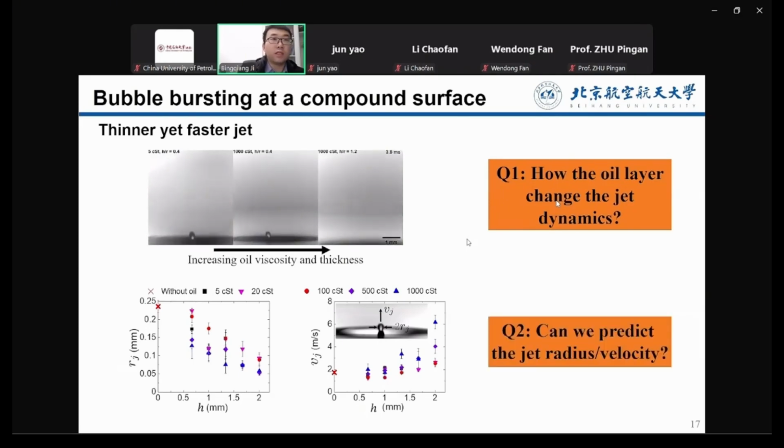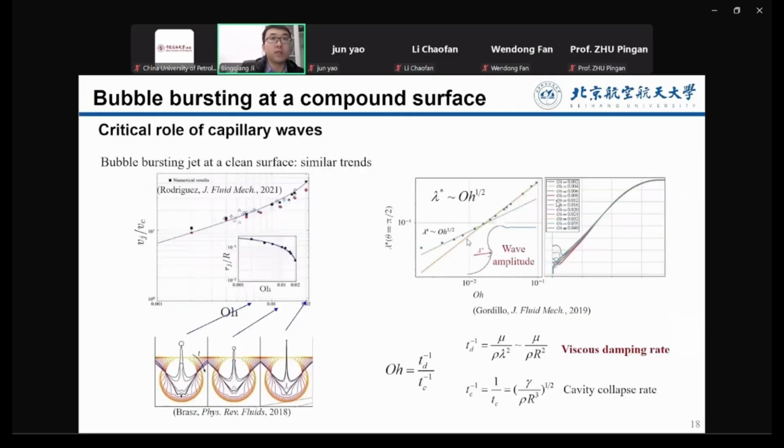Can we predict the jet radius and velocity? Actually, the same trend was found in the study of bubble bursting at a clean liquid surface. When you increase the bulk viscosity, you can get a faster and smaller jet.